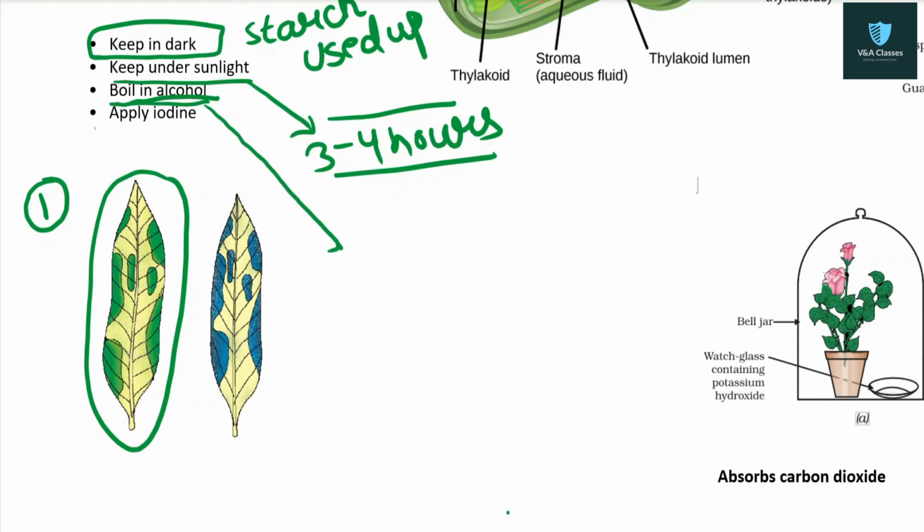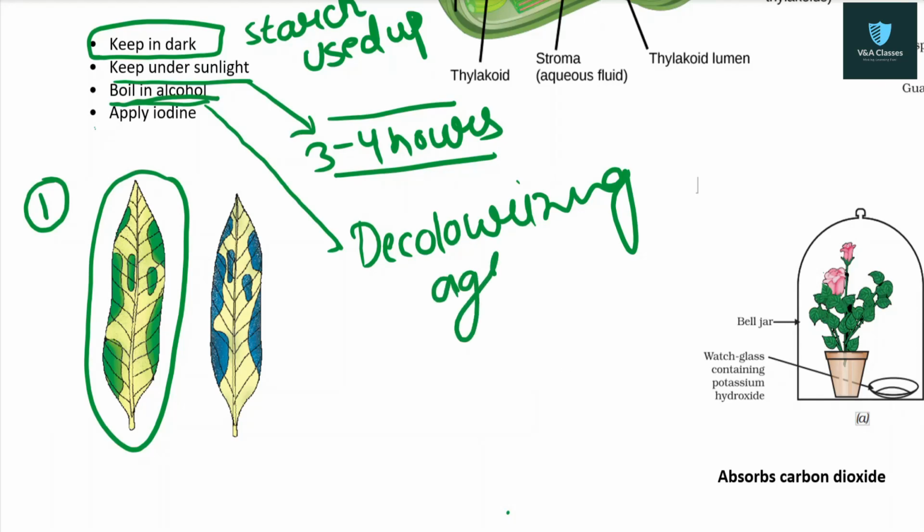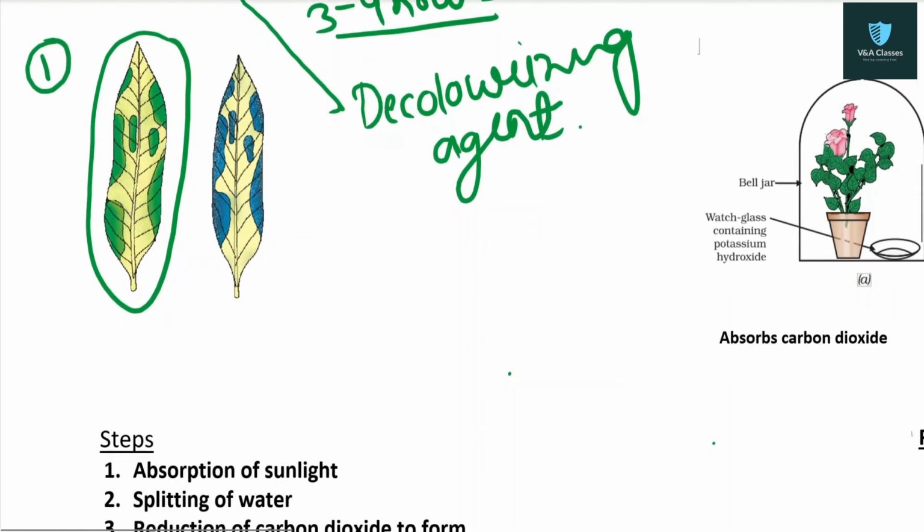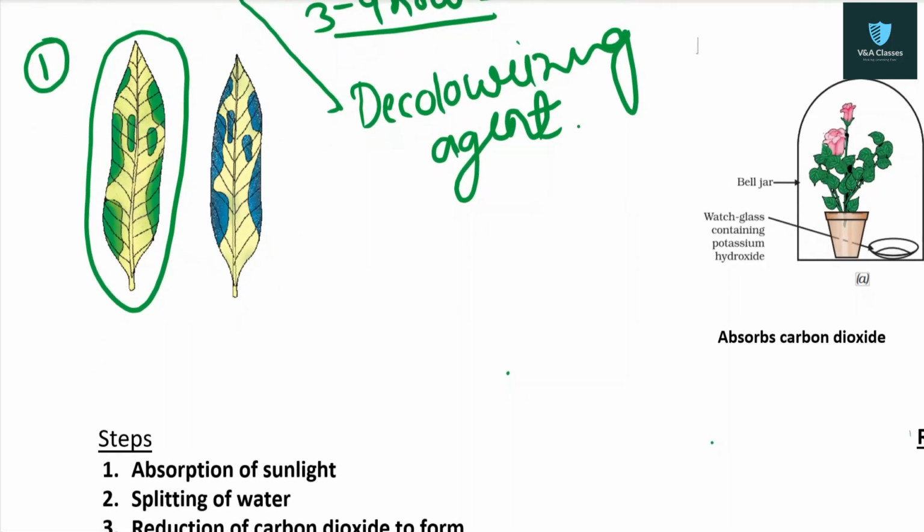Why alcohol? Because alcohol is a decolorizing agent, so it will remove all the pigment material. What we see is that this leaf will become something like this, just white, colorless patches on the leaf instead of green patches.